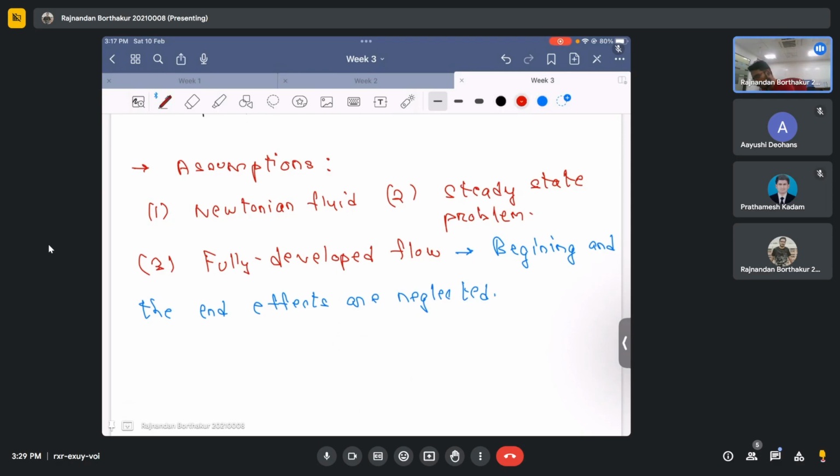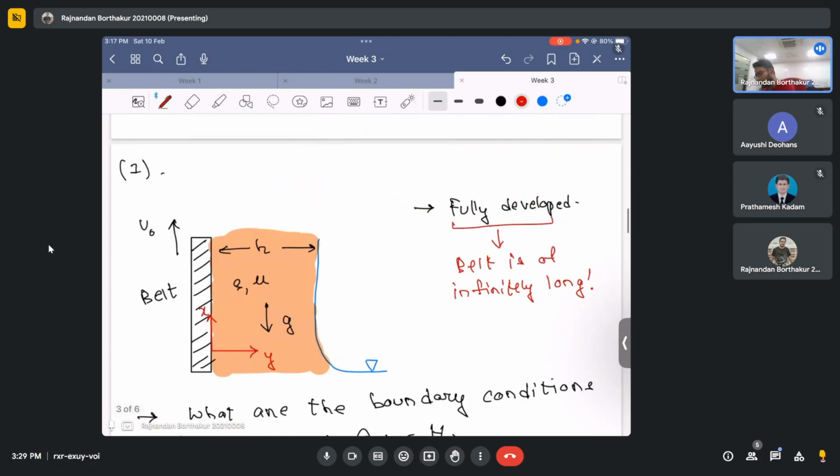We can also assume one more assumption, the 1D flow assumption. Whenever the belt moves, the streamlines will be along the x direction only. The streamlines are parallel and we don't have a flow in the y direction. In practical cases, the streamlines are never exactly parallel in the x direction, but they are nearly parallel.